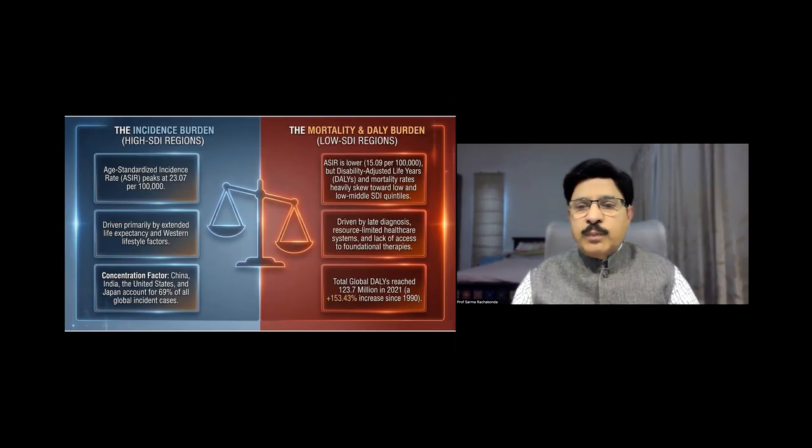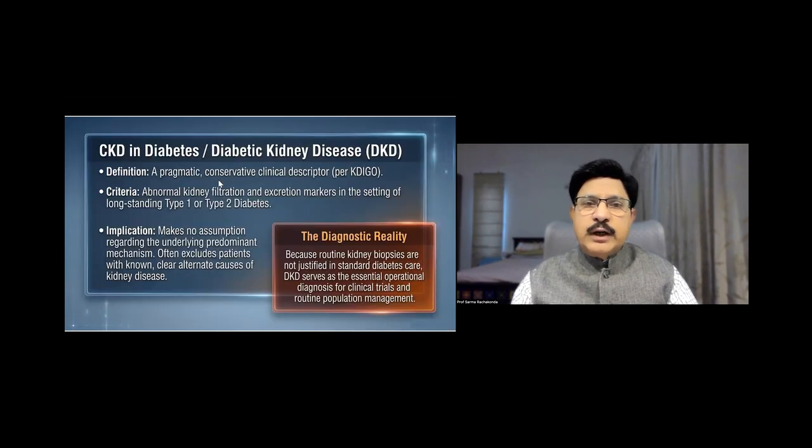Okay. Now, the global DALY reached around 123.7 million in 2021, a 153% increase since 1991. Disability-adjusted life years are increasing. There is a shift in the mortality and also in the DALY burden. Now, CKD and diabetes and diabetic kidney disease.